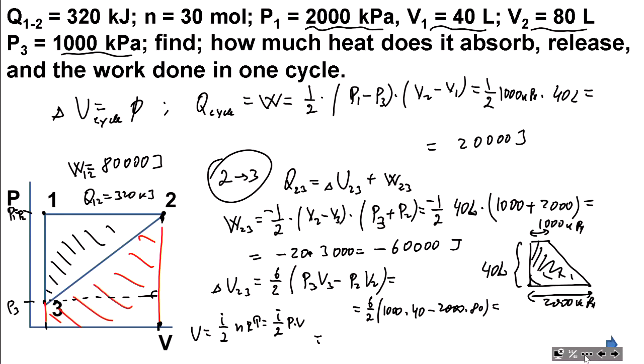That's going to be a negative number: 3 times 1,000, and that's 40 minus 160, so 120. 1,000, 2 times 8, 16, 160, 120. So that's going to be negative 360,000 joules.